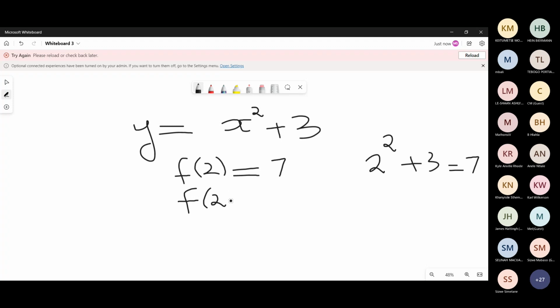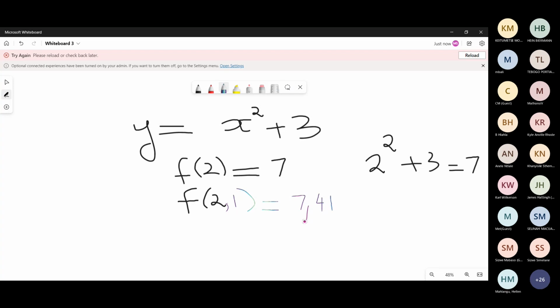Now, let me take a small number, like 2 plus 0.1, around 2. Let me take 2.1. What will be the answer, please? 7.41.